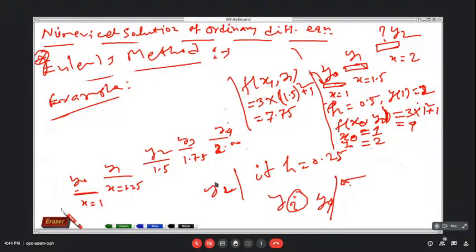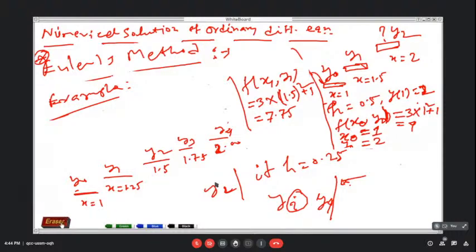So that is the problem. So now you should know the error, how much error you are getting in your calculation due to this approximate method, in this Euler's method.